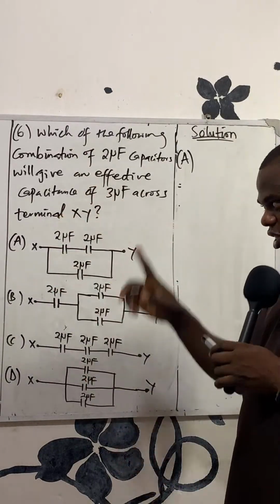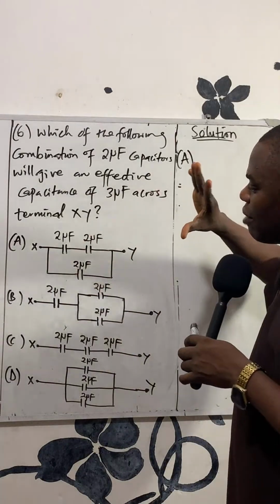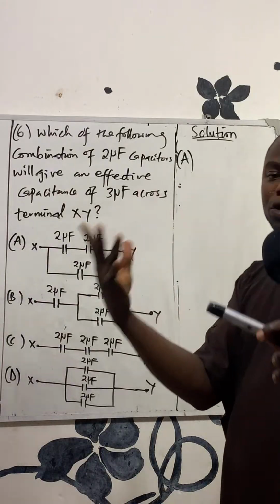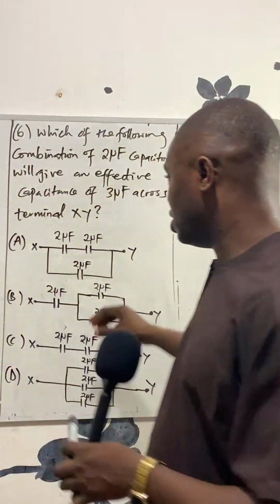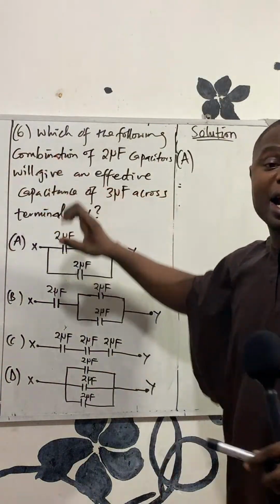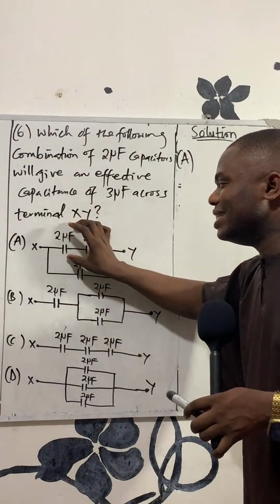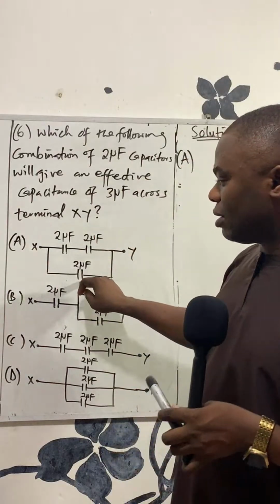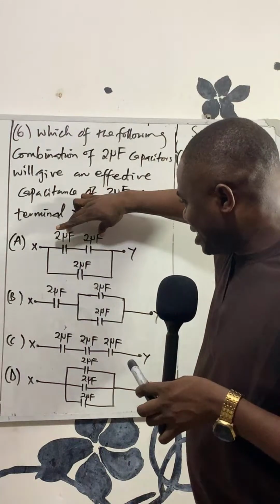The other questions we solved in our morning live session, we had to connect the parallel first. But in this one, you have to connect the series first, and the series will then be in parallel with this 2 microfarad.